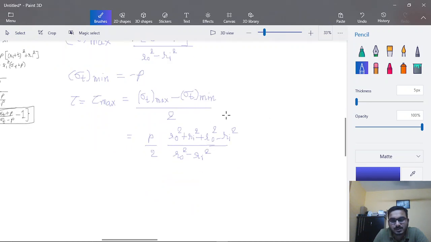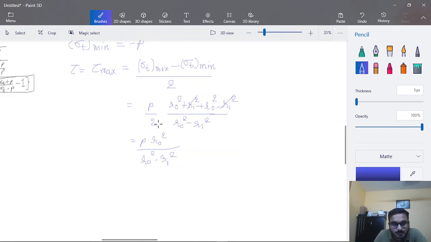So what we will be achieving out of this? This 2 will get cancelled. So finally we are getting here P into R O square divided by R O square minus R I square. So this is the value of tau max, or we will simply keep it as tau.